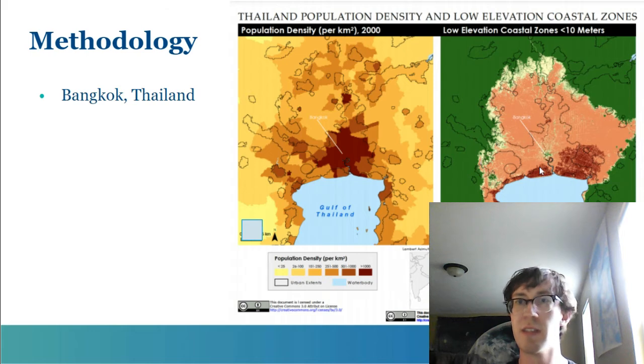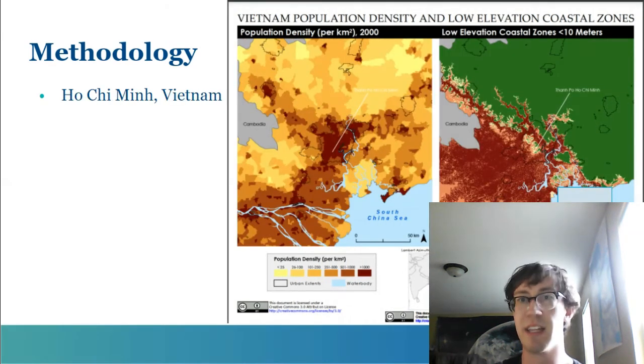Sometimes I would cut this up into either quarters or halves or whatnot to try to get a more accurate reading. And then finally, I did it for Ho Chi Minh using these 50 square kilometer blocks. And as you can see, Ho Chi Minh is by far the most at-risk area because it just has so much low elevation coastal zones, primarily under 3 meters. Just a huge amount.